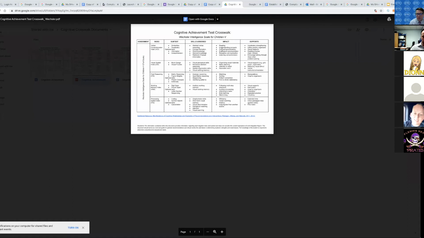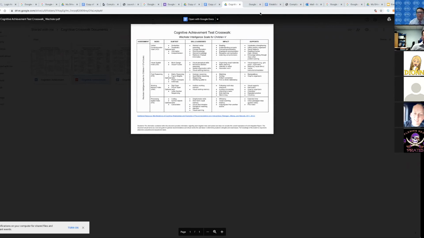It tells you what the supports are. It tells you everything you need to know in regards to how that general intelligence is impacting that student's ability to access the general curriculum and their academic and functional performance.